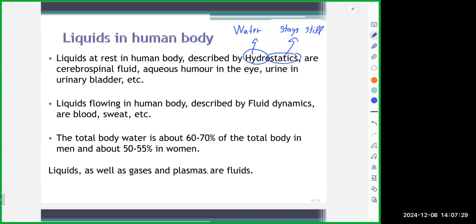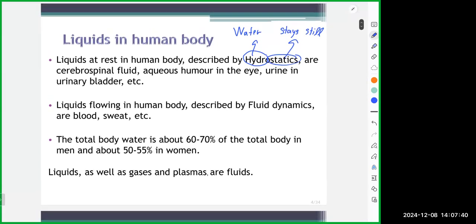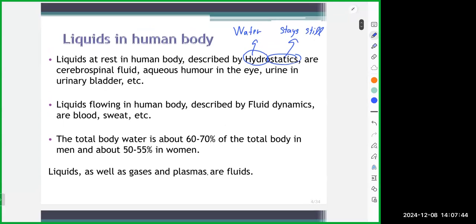Okay. There are two types of liquids: hydrostatic and fluid dynamics. Liquid is like a subset of fluid.